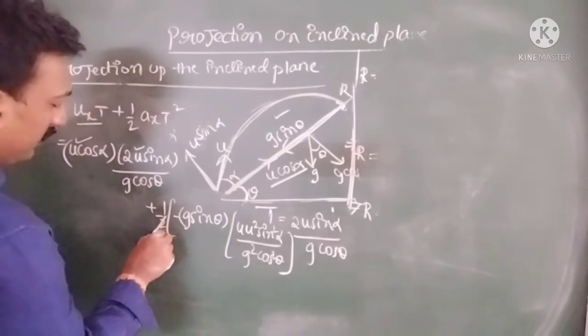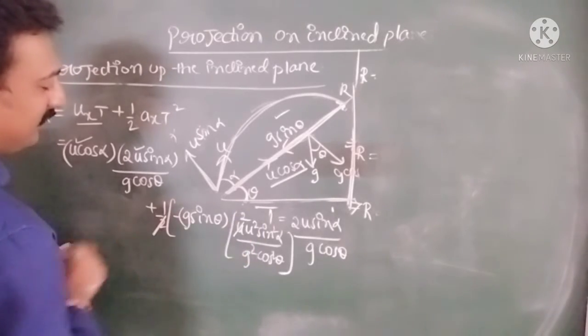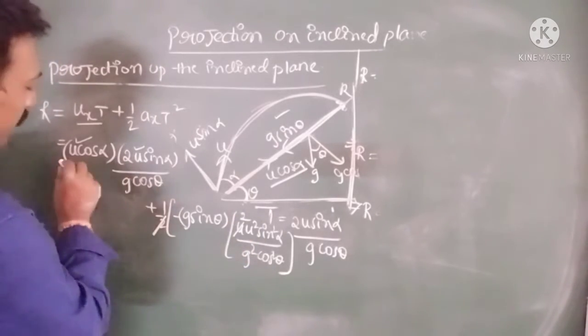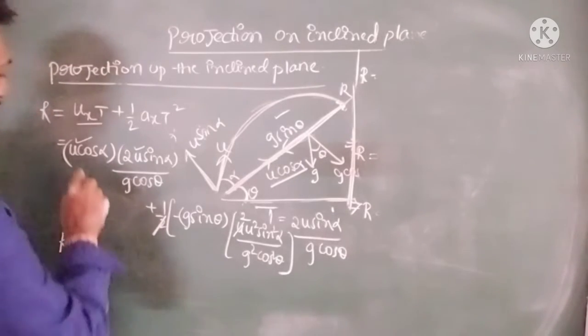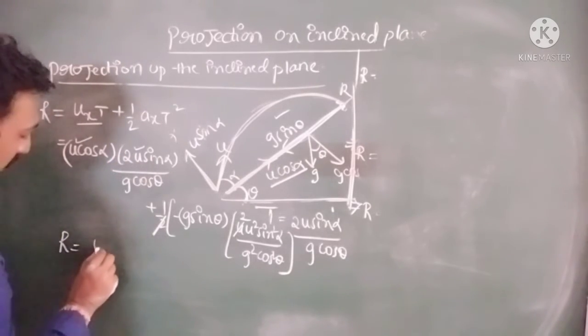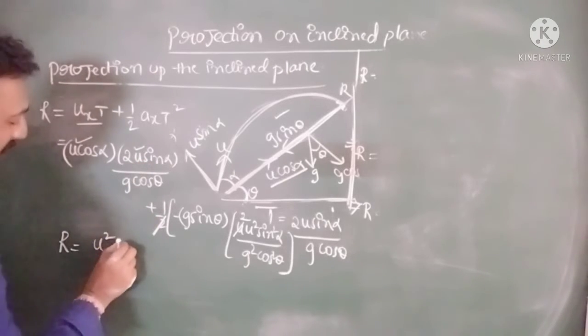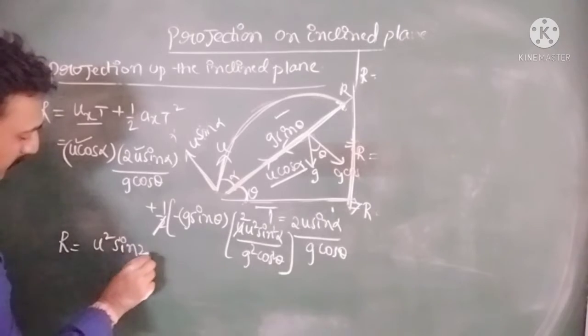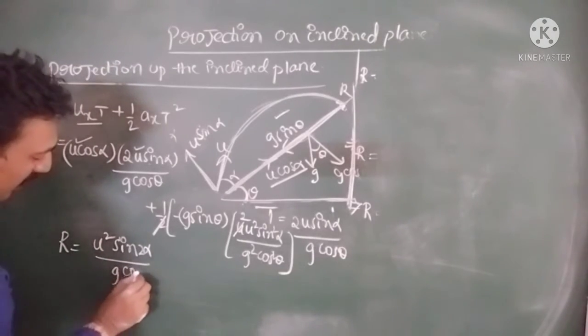So here this 2 and this 4 will be cancelled, so that is 2 times. So u into u, that is u square here. The R value will be nothing but u square followed by 2 sin alpha cos alpha, which means sin 2 alpha, divided by g cos theta.